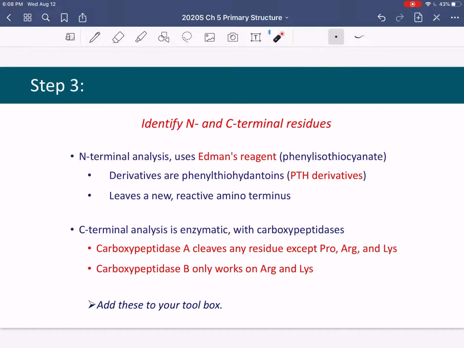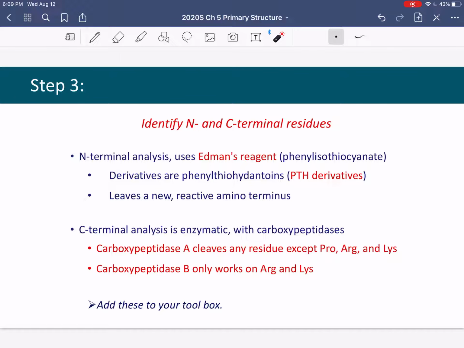So then you move on to the second tool that you have for C-terminal analysis, and that's carboxypeptidase B. And B works only if your C-terminus is arginine or lysine, not any other amino acid, okay? It won't work for proline. It won't work for anything except arginine and lysine.